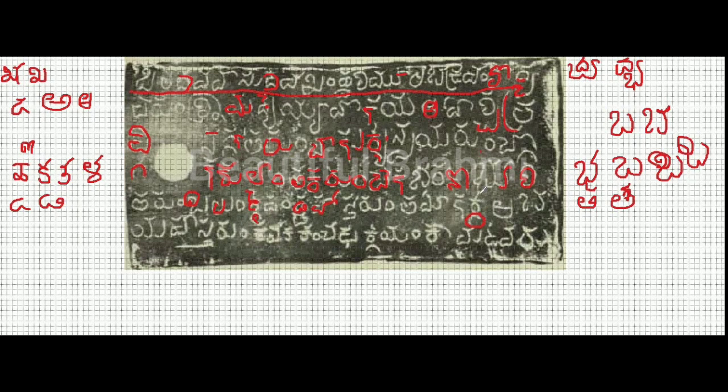The reason why I'm saying that this is not a ka is because a ka typically in this inscription seems to be like this. Whereas this particular stroke is missing, so it is not a ka, it should be either a ki or a k. It seems to be more like a ki than a k. So it seems to be a small circle. So tamalake. So in all probability, this should be a kavuttu tamalake.